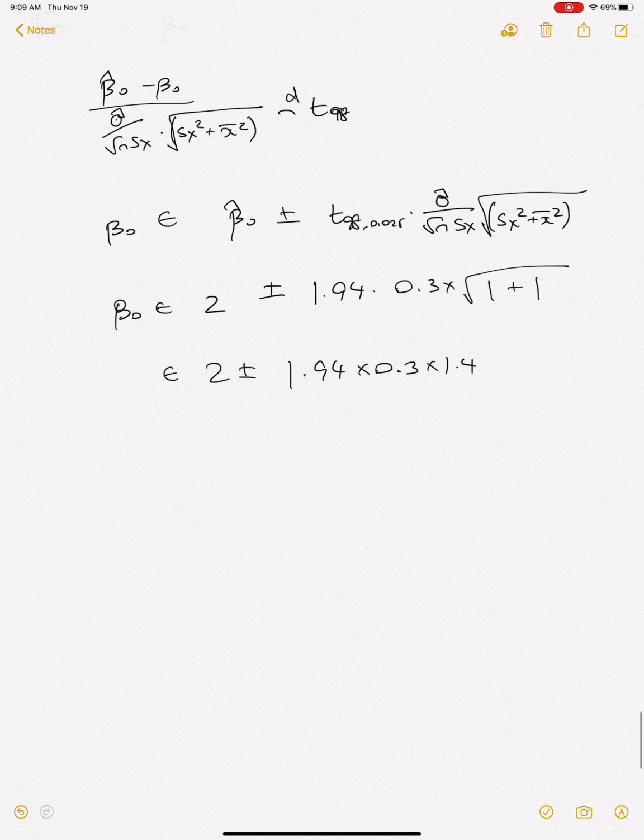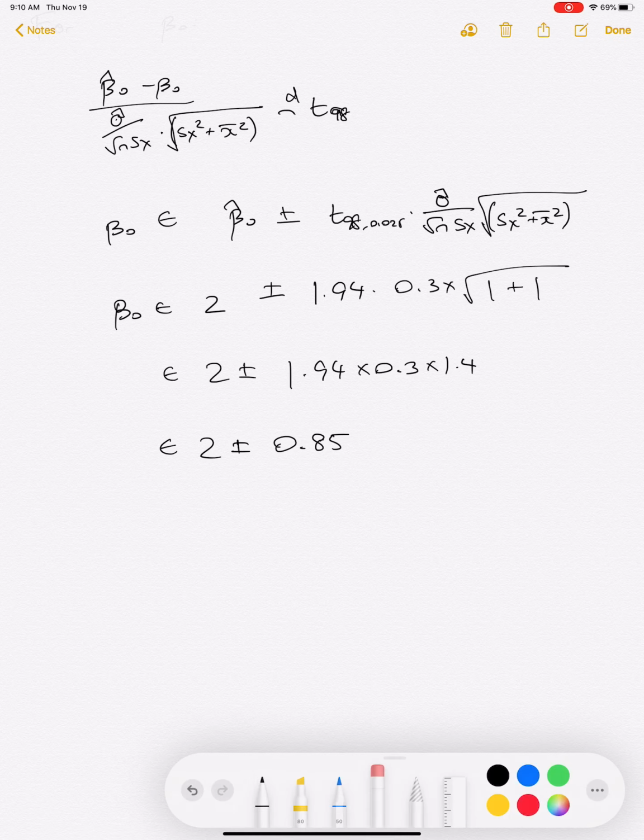And so you're going to get 2 plus or minus. And if I do this calculation right, it's going to be about 0.85 roughly, or 0.8.